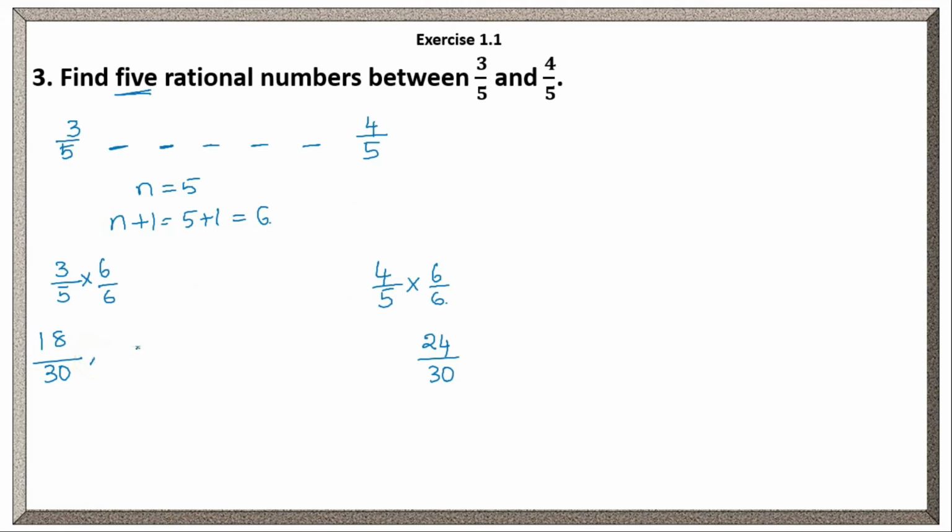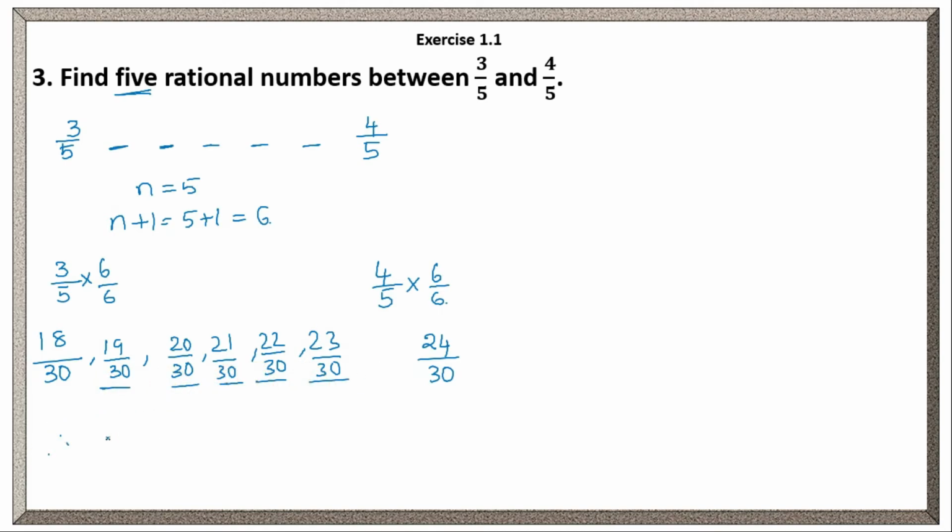The rational numbers between 3 by 5 and 4 by 5 are 19 by 30, 20 by 30, 21 by 30, 22 by 30, 23 by 30. These are the 5 rational numbers between 3 by 5 and 4 by 5.